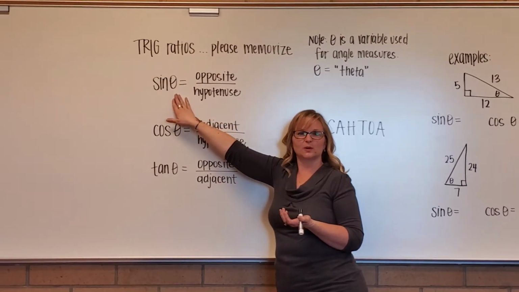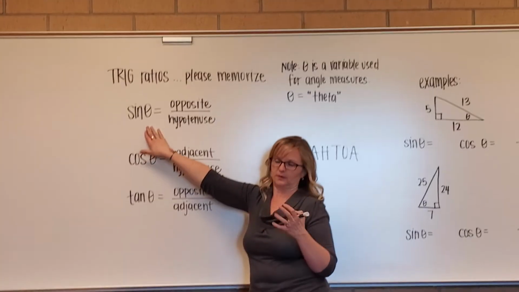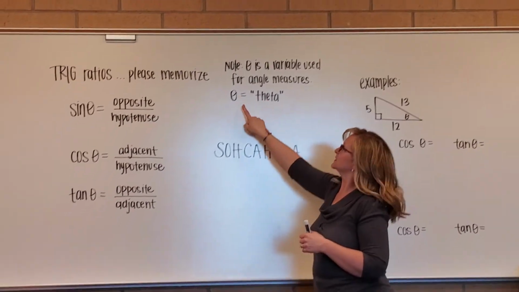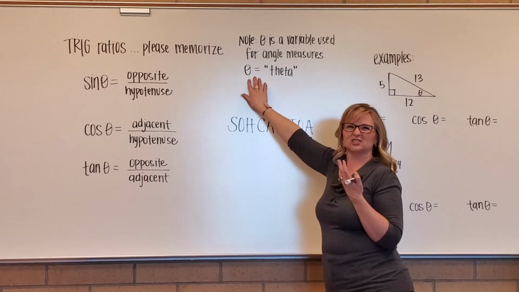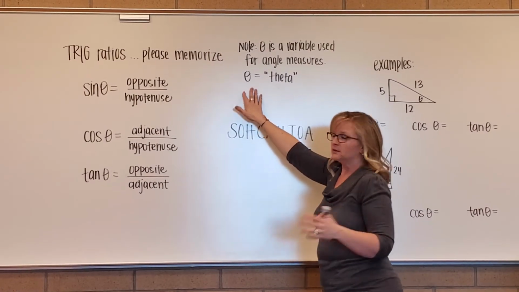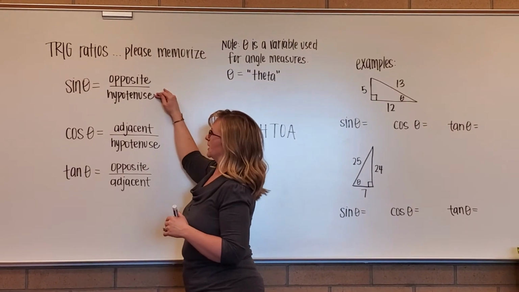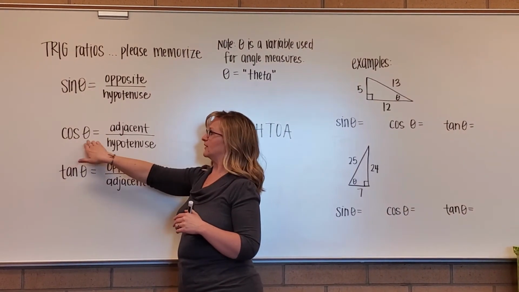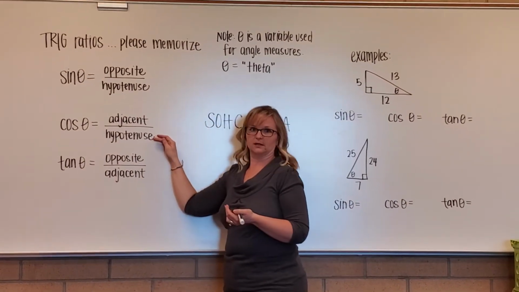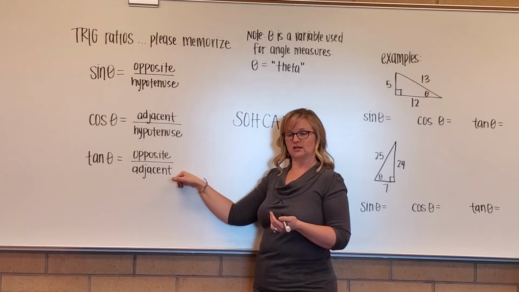We use Greek letters when we talk about angle measures, instead of using X and Y and A and B and all those other ones. So it's just kind of like saying the sine of some random angle. So the sine of any angle is equal to the ratio of opposite over hypotenuse. Cosine of any angle, or cosine of theta, equals adjacent over hypotenuse. Tangent of any angle is the ratio of the opposite side over the adjacent side.